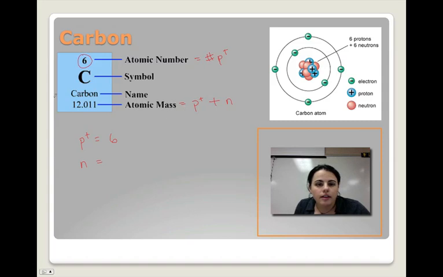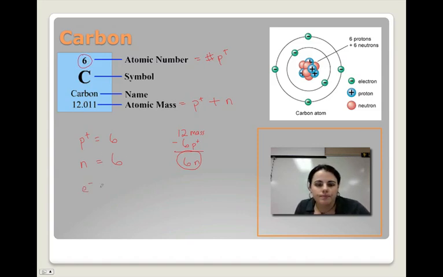You have to take the mass number, which is 12, and we know that it's protons and neutrons, and we already know protons. So if we subtract the number of protons, we should get the number of neutrons. So if this is the mass, we subtract the protons, there's the number of neutrons. So there is 6. So take the bottom number and subtract it from the top number. That will give you the number of neutrons.